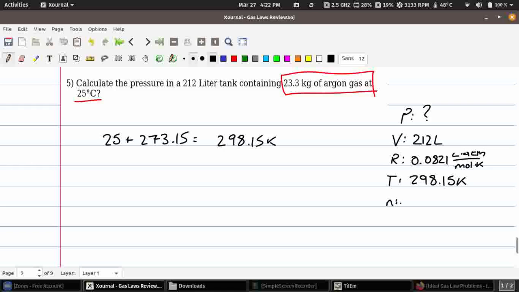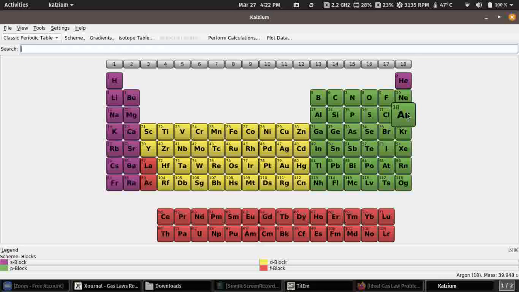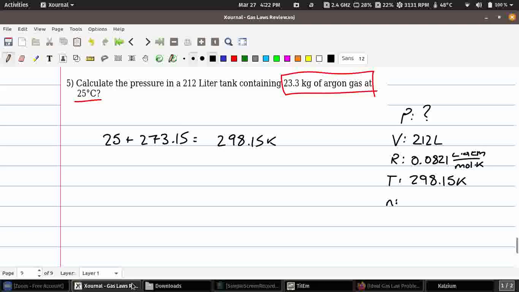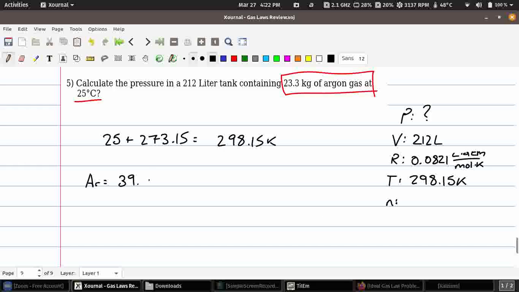So first things first, I don't know this off the top of my head, so let me look at the periodic table real quick where argon is. Argon has a mass of 39.948. So Ar equals 39.948 grams per mole.